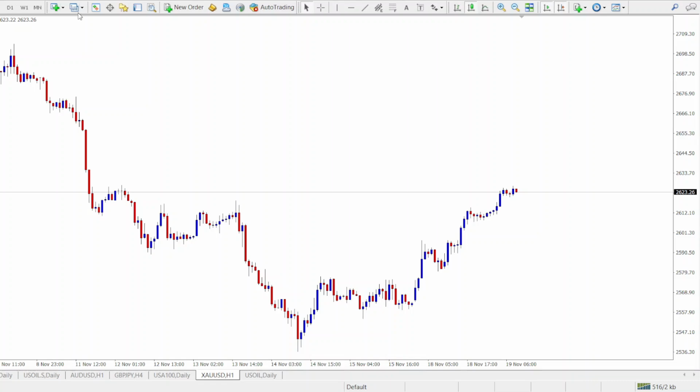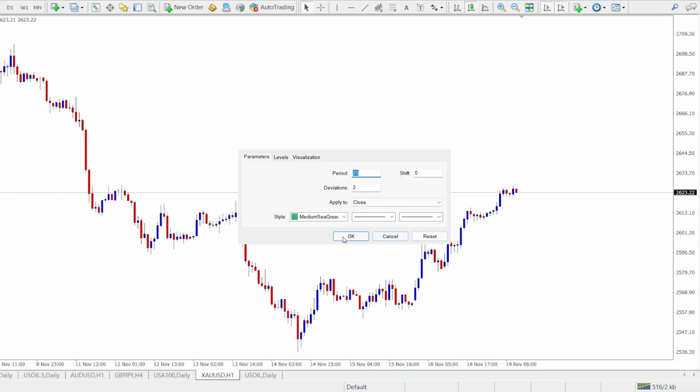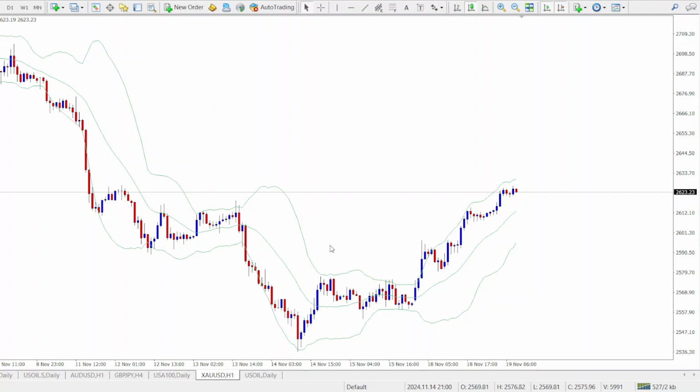I'm just going to be adding the Bollinger Bands to the charts right away, and here we go. This is the Bollinger Bands indicator. Simply put, Bollinger Bands are a technical indicator that helps traders identify price volatility. You've got three components: the upper band, the lower band, and the moving average in the middle.